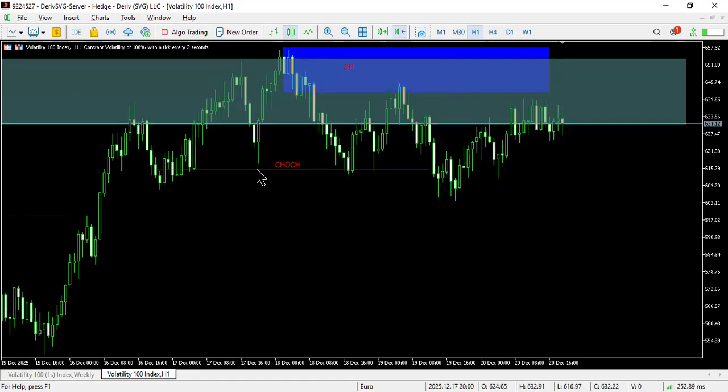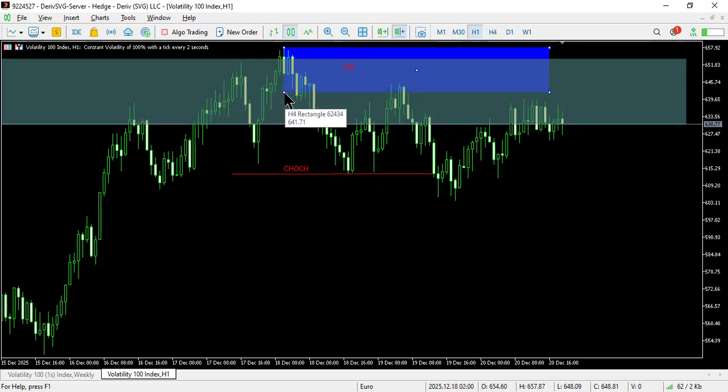So our change of character, we can just adjust it in the 1 hour. That is where it happened. Price violated this low by breaking structure. It was supposed to maintain the structure, then it would have been an uptrend. However, price violated that high by breaking it. Therefore, that is a change of character.